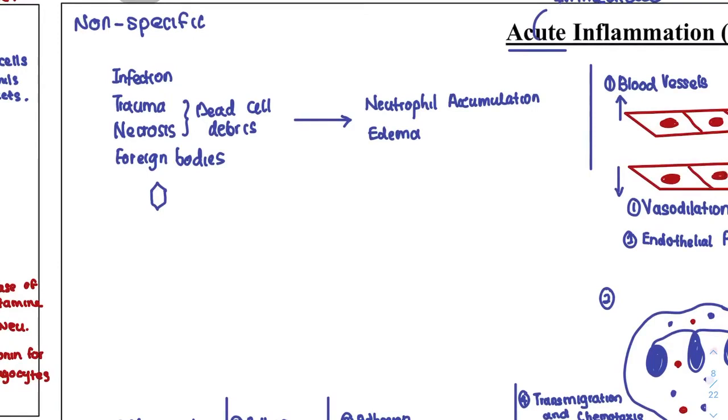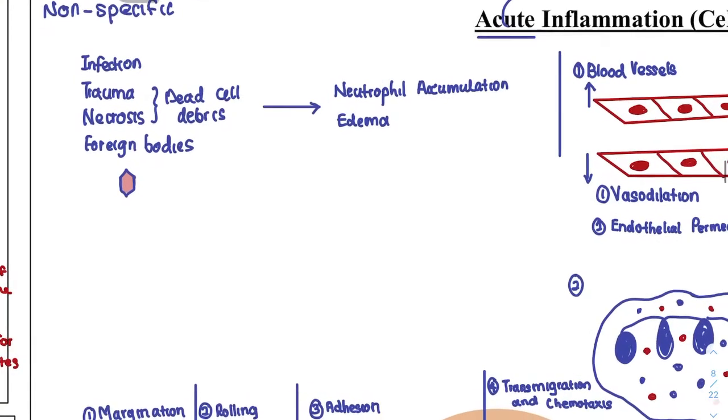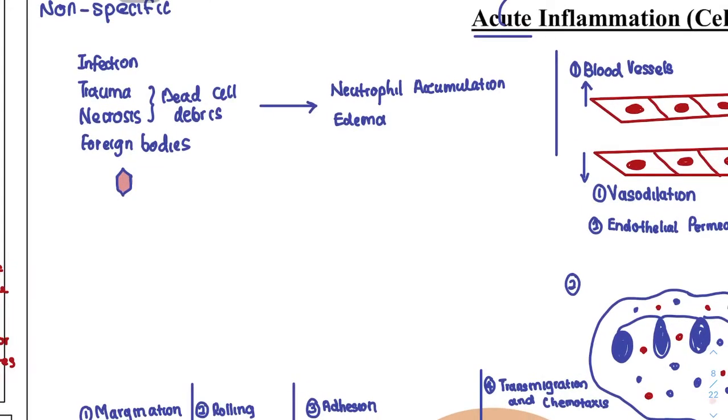What are the causing factors of acute inflammation or any type of inflammation? Infections, trauma, necrosis. This is because of dead cell debris accumulation or foreign bodies. Just for the sake of explaining, I'm going to use this hexagon to indicate all of these.